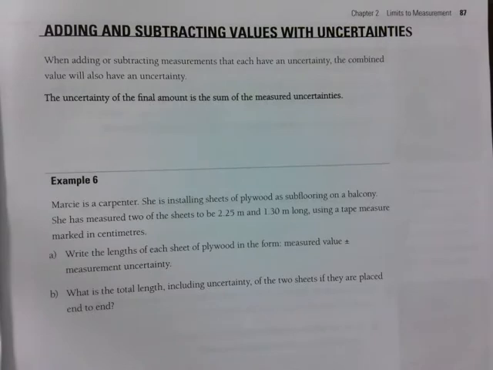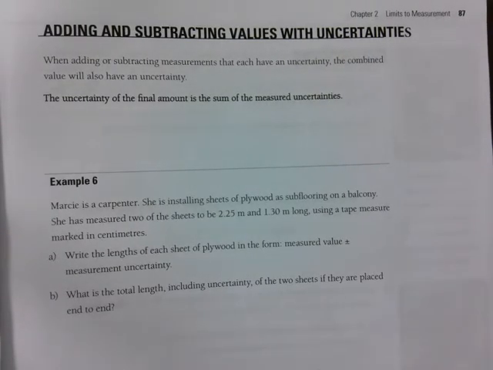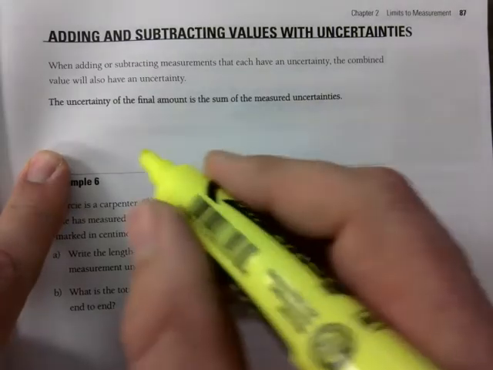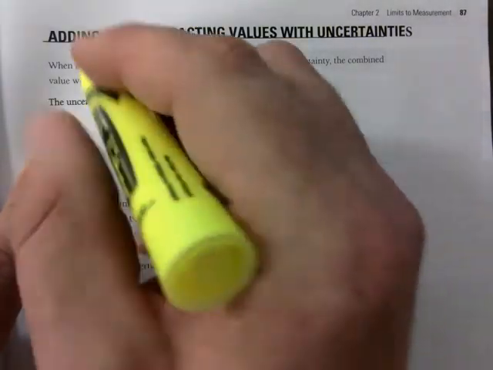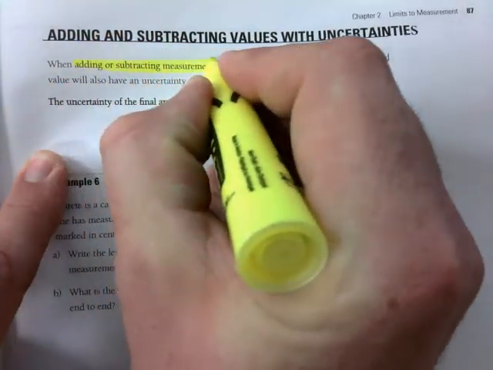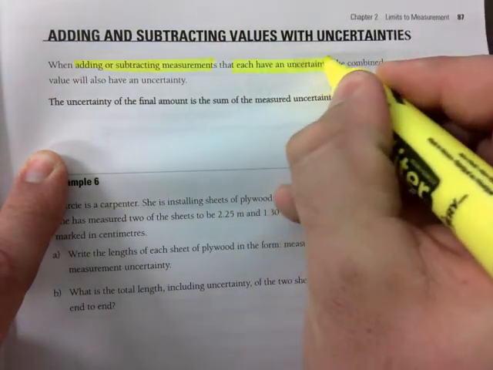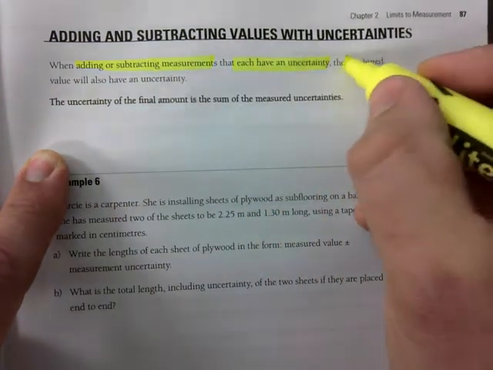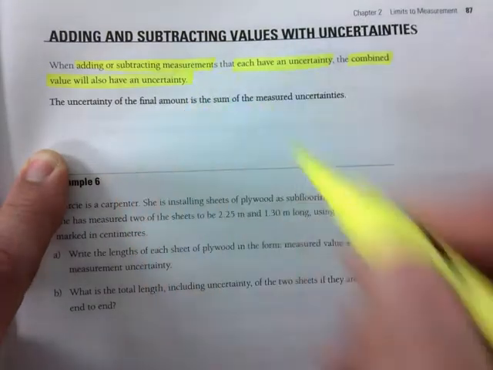So, adding and subtracting values with uncertainty. When adding or subtracting measurements, they each have an uncertainty. So the combined value will also have an uncertainty.